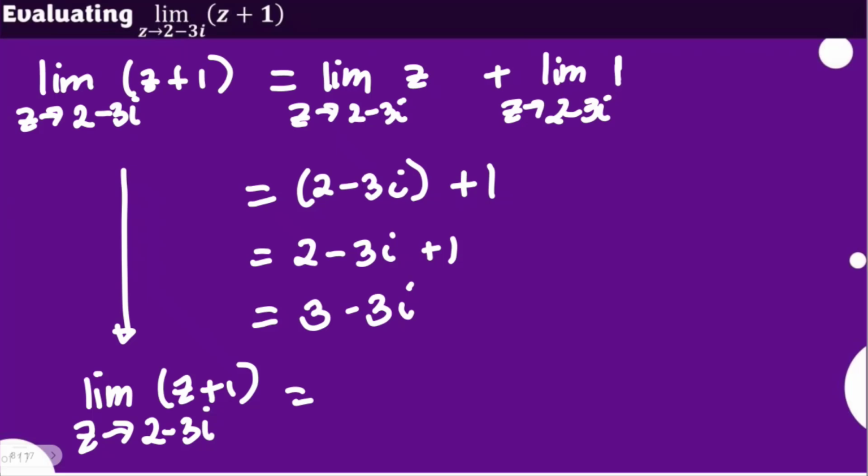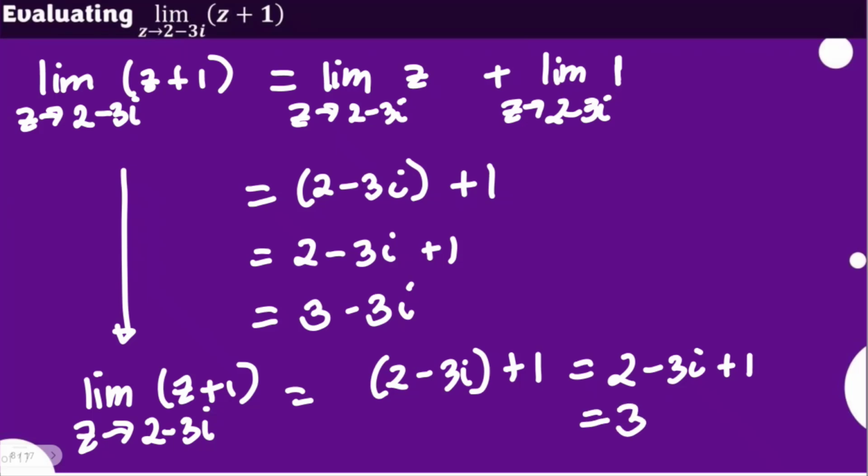By direct substitution, you will have here 2 minus 3i plus 1. That's for our function, which again would result in the same value, 3 minus 3i. Take note, we write it this manner because that's how we write complex numbers.